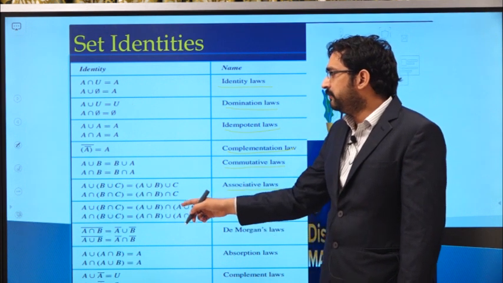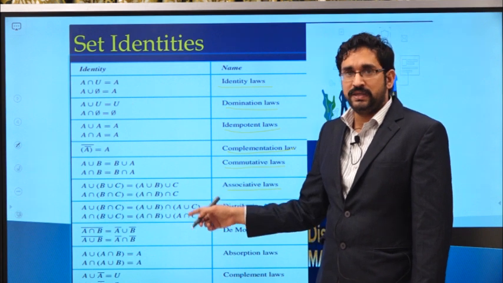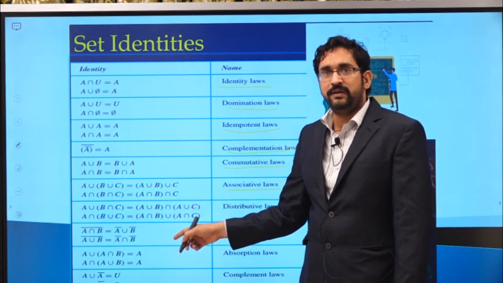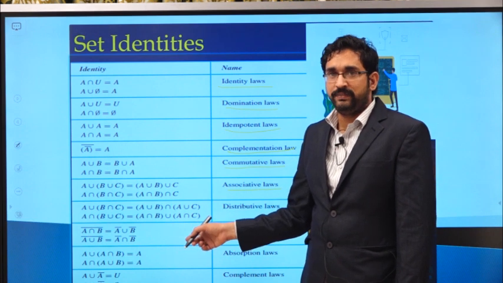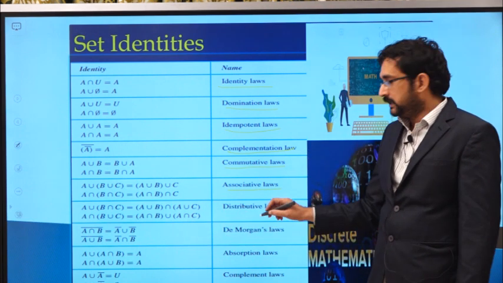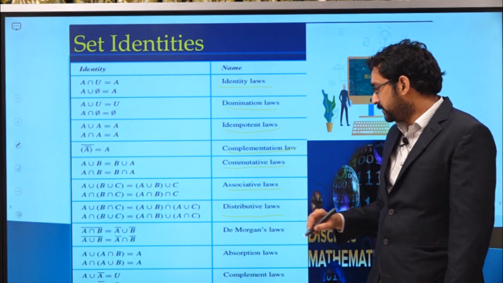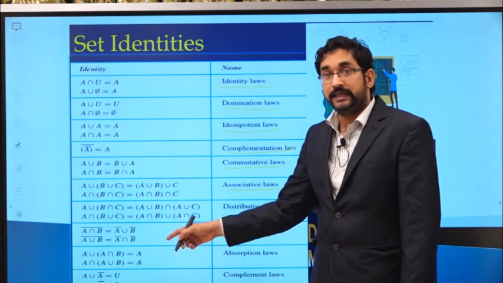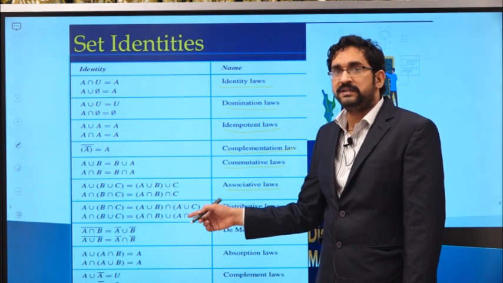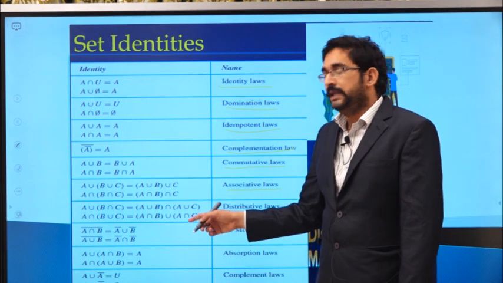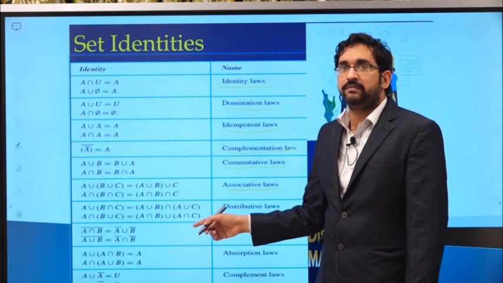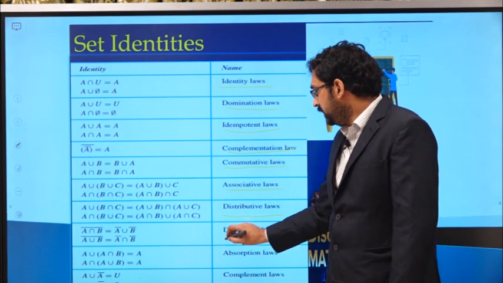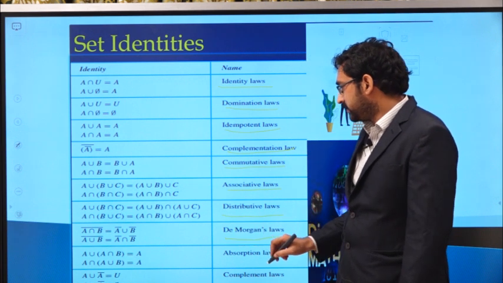Next, A union of B intersection C equal to A union B intersection A union C. A intersection of B union C equal to A intersection B union A intersection C. These are distributive laws. Next, complement of A intersection B is expanded as A complement union B complement. A union B whole complement equal to A complement intersection B complement. These are known as De Morgan's laws.